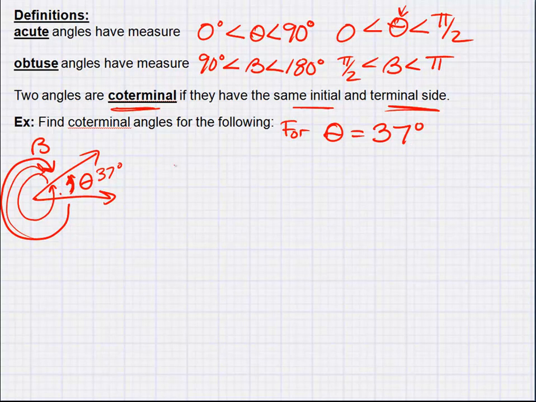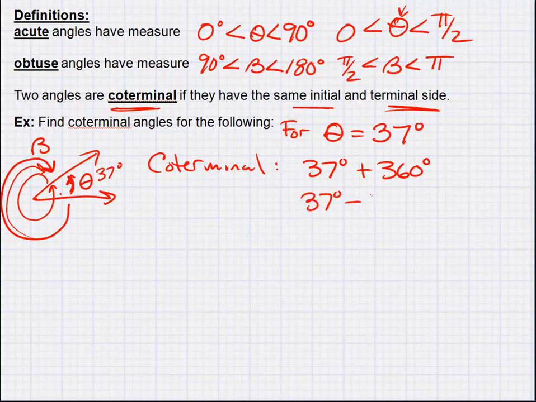Well, in degrees, a full rotation would be 360 degrees. So coterminal angles would be 37 degrees plus 360 degrees, or 37 degrees minus 360 degrees. Either of those angles that I get from that would be coterminal to 37.